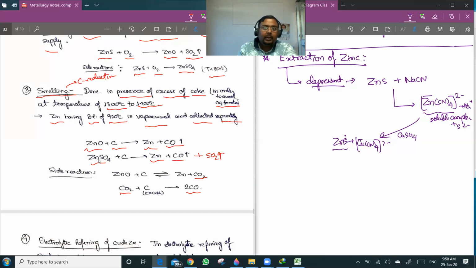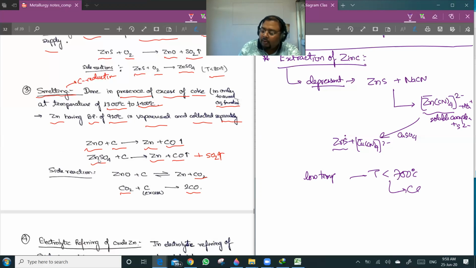Now you see why carbon is the reducing agent here, because we are using higher temperatures. I have told you in Ellingham diagrams as well as metallurgy of iron that at lower temperatures, meaning T below 700 degrees centigrade, carbon monoxide is a good reducing agent. At higher temperatures, greater than 700 degrees centigrade, I think it is 710, that is what the Ellingham diagram shows.